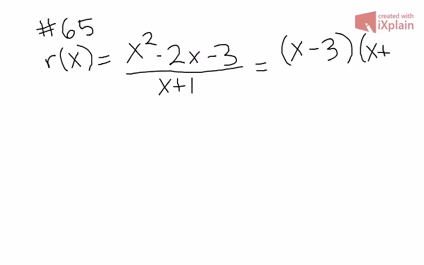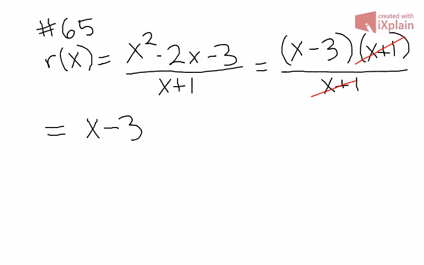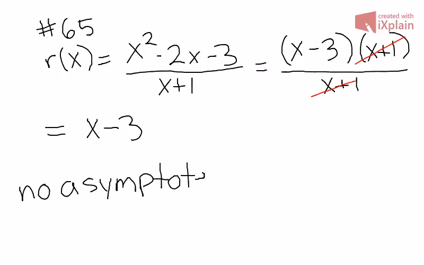So now we just go ahead and factor that top part. That way we're able to just cancel out these x plus 1 terms. And when we do that, we just get x minus 3. So that's pretty simple. There's no asymptotes there because it simplifies to this right here.